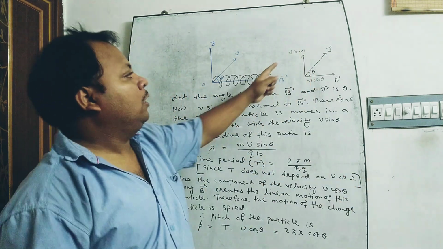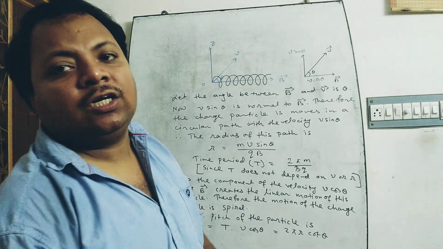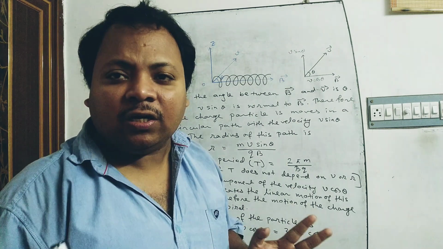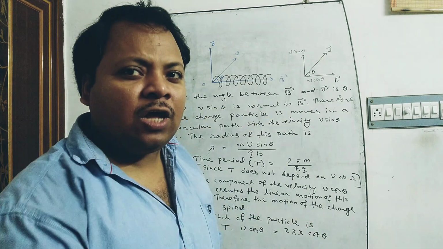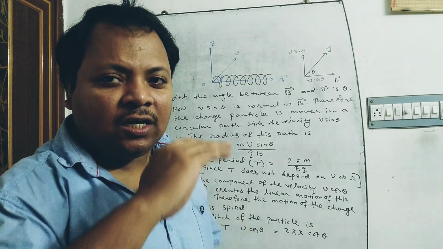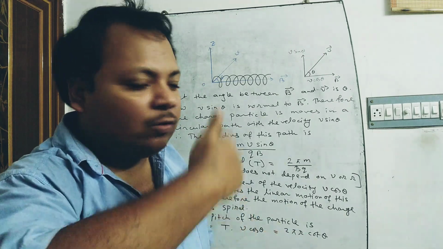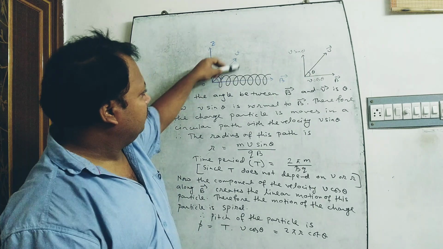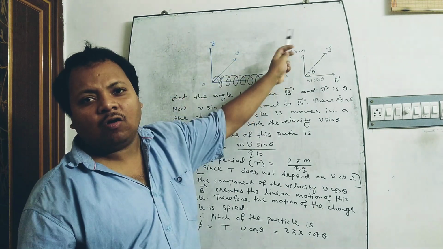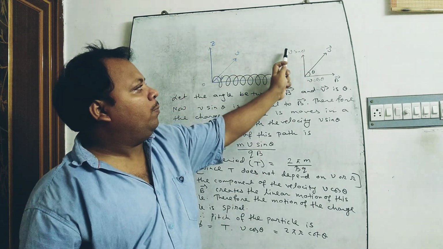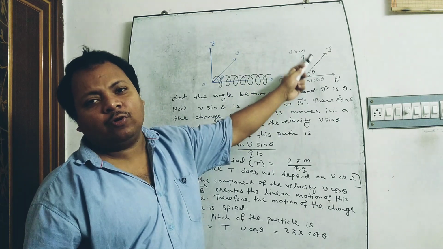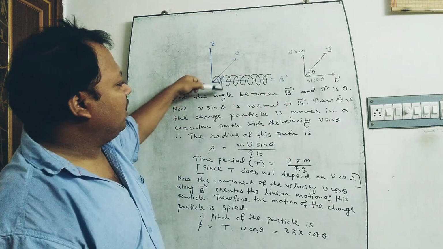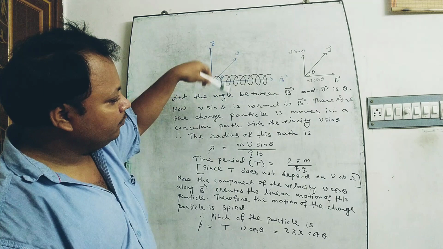Now, V sin theta is normal to the B vector. That's why, due to the component V sin theta, the particle moves in a circular path.